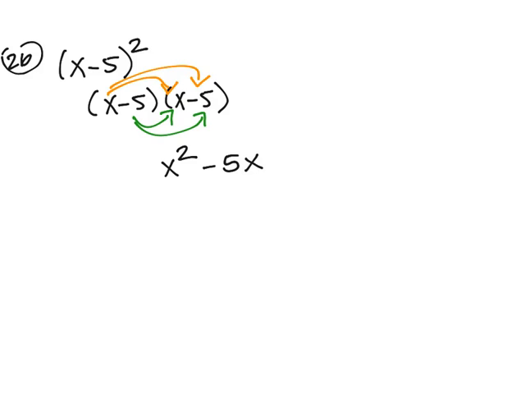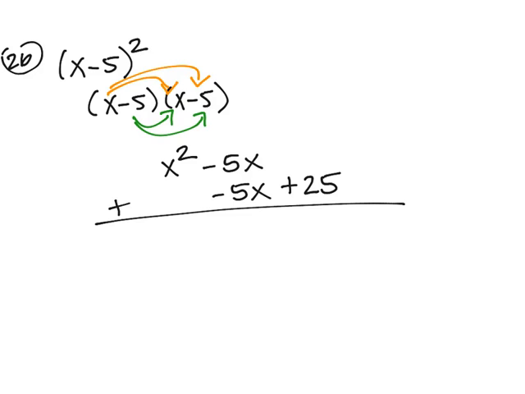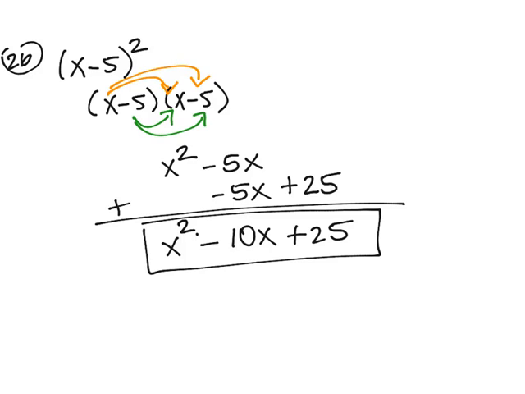Now multiply by negative 5 times x, and then a positive 25. And when you combine, make sure you don't get tripped up, because your x's don't cancel. They add up, which makes a negative 10x, good. Plus 25. Very good. Do y'all see that?